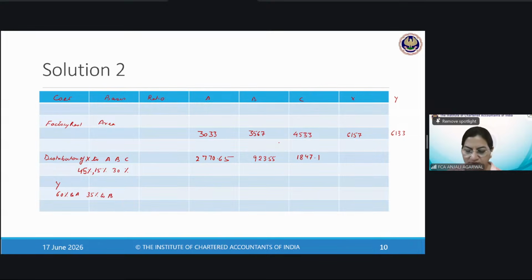Similarly, 6133 into 60% is 3679.8. I'll take it 3680, and 6133 into 0.35, 2146.55 goes here.